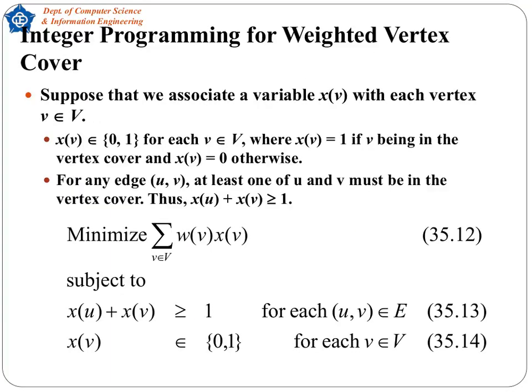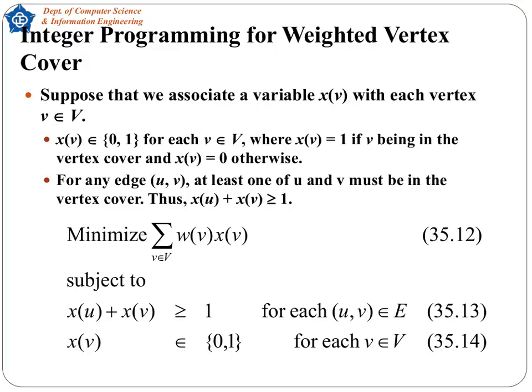Building on what we've just seen, here is the integer programming formulation of the weighted vertex cover problem. We introduce a binary decision variable x_v for each vertex v, set to 1 if v is included in the cover and 0 otherwise. Our objective, shown in equation 35.12, is to minimize the total weight, the sum over v of w(v) x_v.